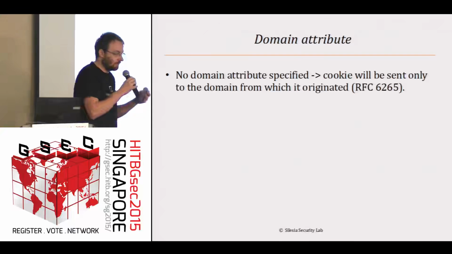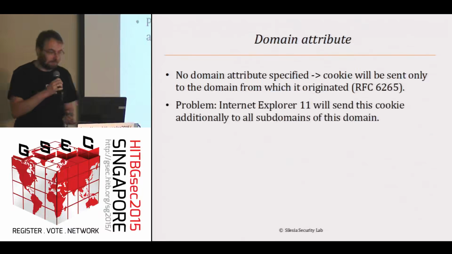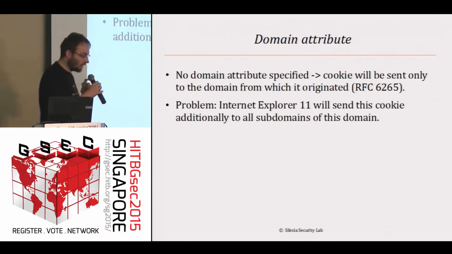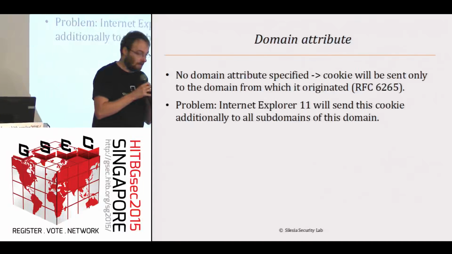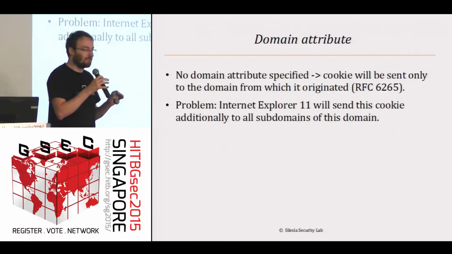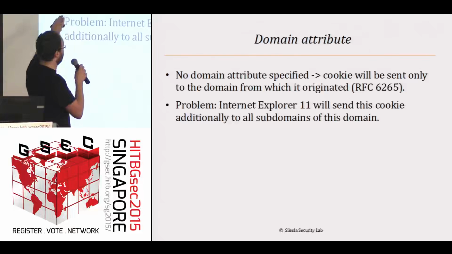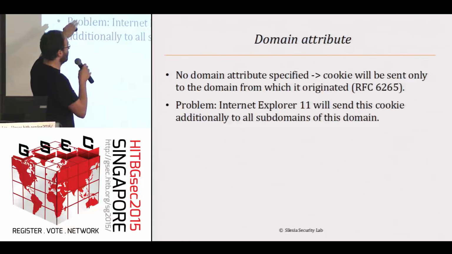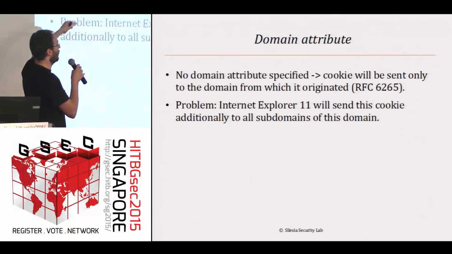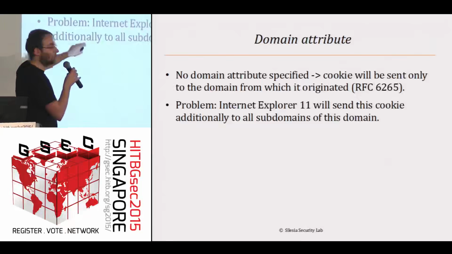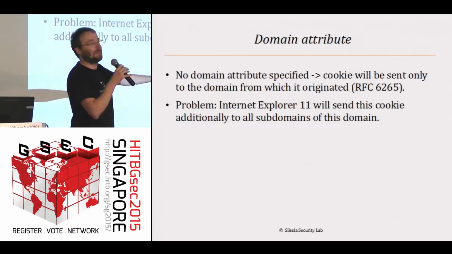But the question is, as always, are there any problems with this? The answer is yes, there are. In Internet Explorer 11, again, the most up-to-date, well, actually, Internet Explorer 11 just ignores it. I mean, if the domain attribute is not specified, then the browser should only send this cookie to the domain from which it originated. But Internet Explorer 11 will send it also to all subdomains of this domain.